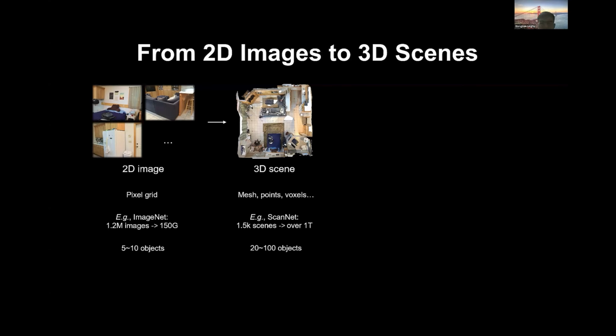So this means that the information density of a 3D scene is much higher than a 2D image. A 2D image typically includes about 5 to 10 objects. However, a 3D scene may contain 20 to 100 objects.